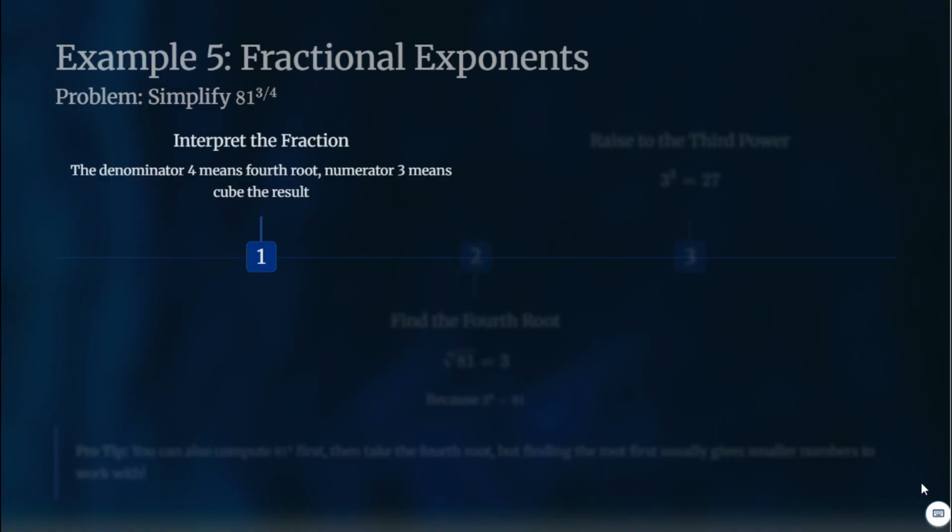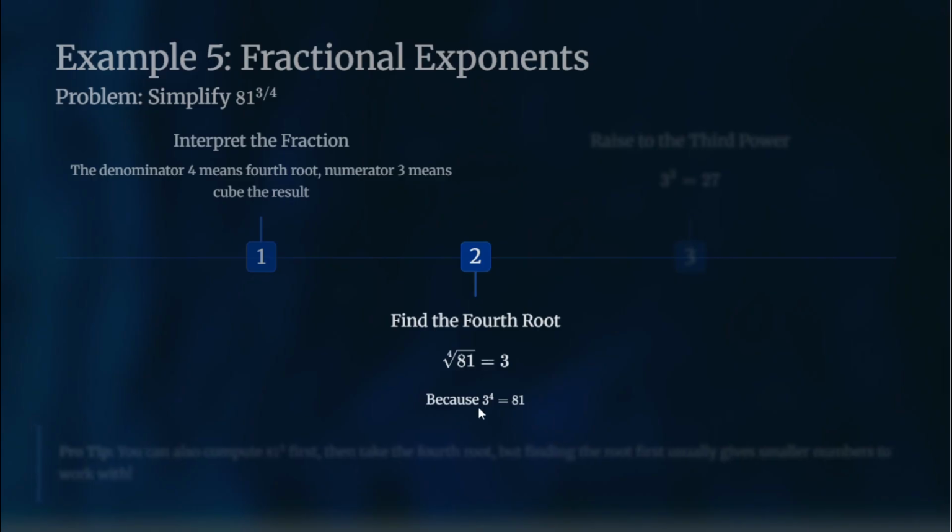The denominator is 4, which means fourth root. The numerator is 3, which means cube the result. So first we can find the fourth root of 81, which is 3, because we saw at the beginning that 3 to the power 4 was 81. And then we can raise 3 to the third power. And 3 times 3 times 3 is 27.